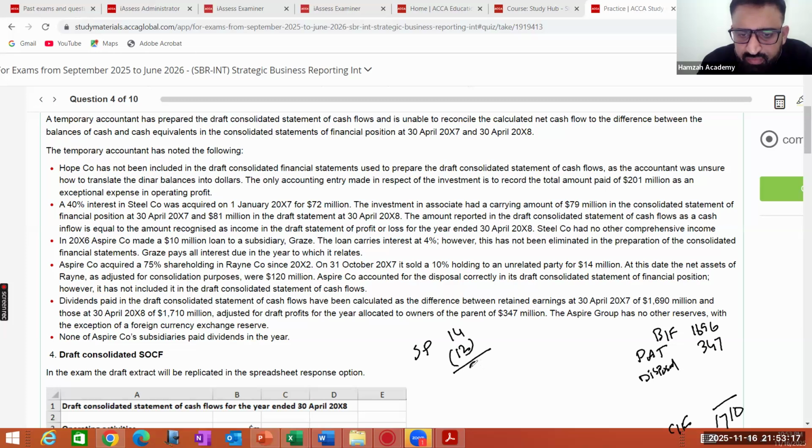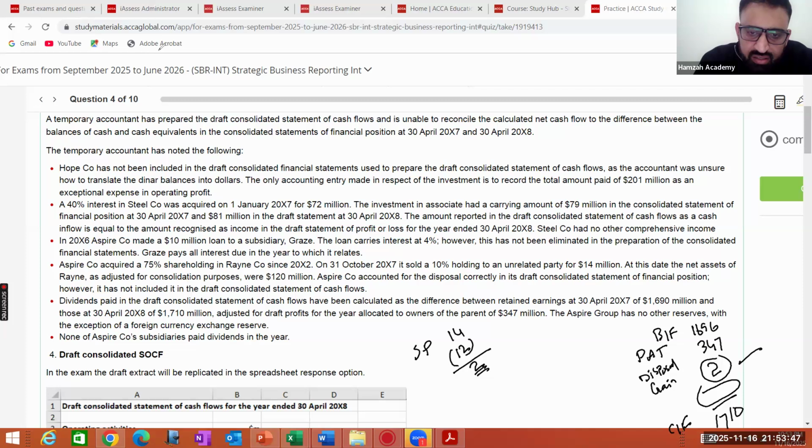So there is a gain on disposal. It is a transaction between owners. This gain should also have been reported here, which they have missed. Now, if you consider this too, you will get your dividend payment of 329.